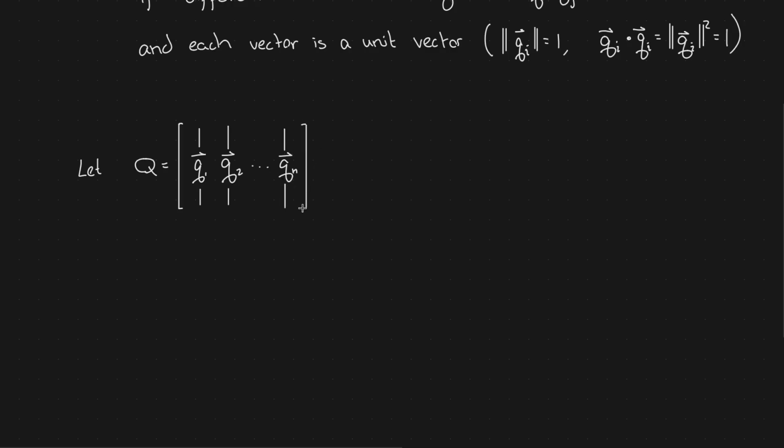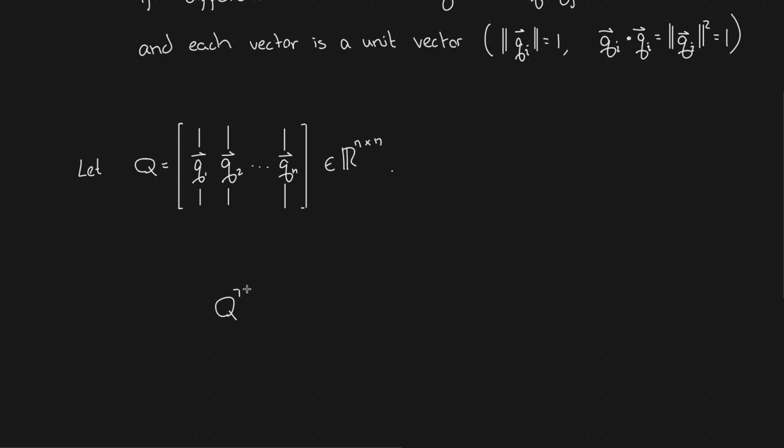And let's assume this is a square matrix, so n rows, n columns. So what can we do with this? Observe the following. Very important fact.